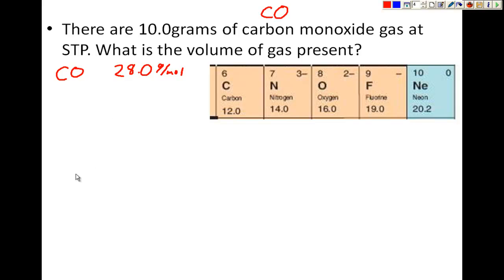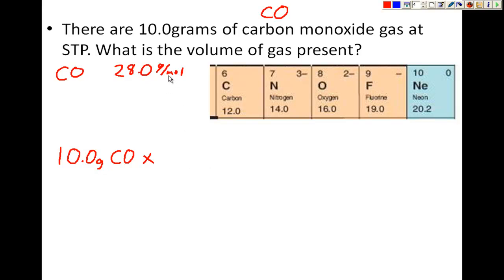So what we're going to have is 10.0 grams, that's what it says here, of carbon monoxide, and first off we're going to do a quick unit conversion between grams and moles.